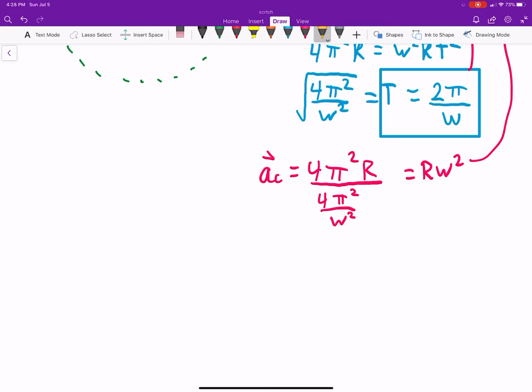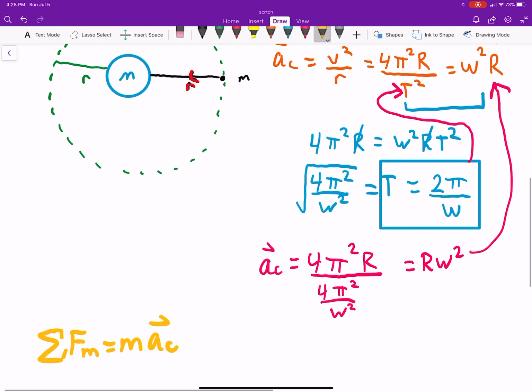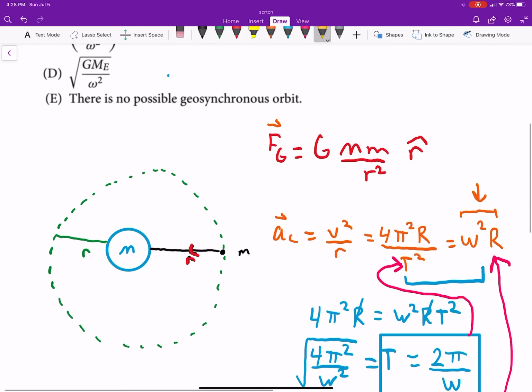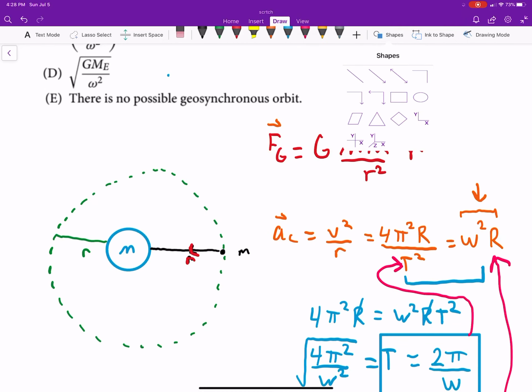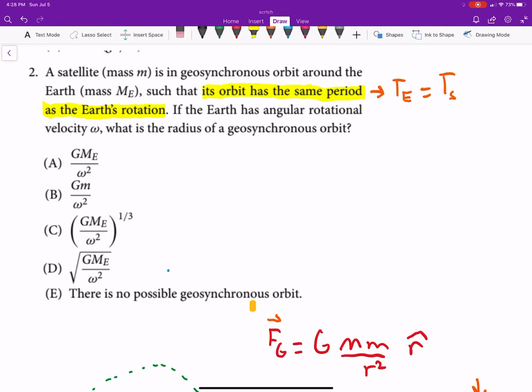Anyways, so our force due to gravity, or let's just write it like this: the sum of all forces for the satellite mass is equal to the mass of the satellite times the centripetal acceleration. And this is from Newton's law of gravity, which we got over here. I'll box that.